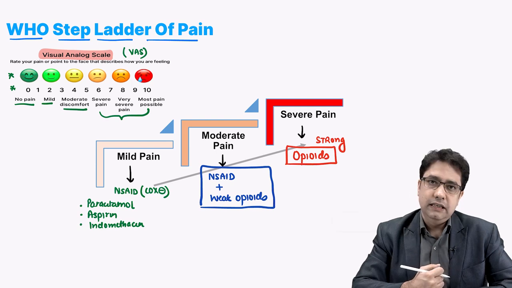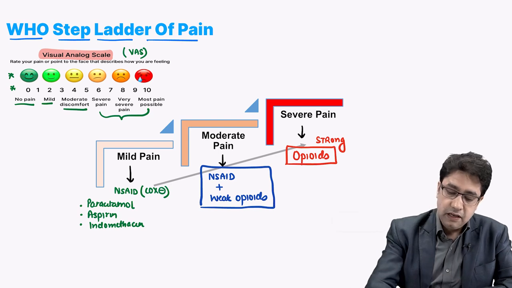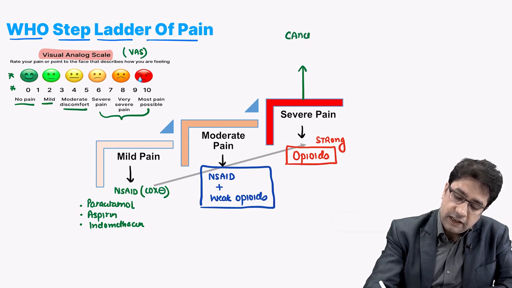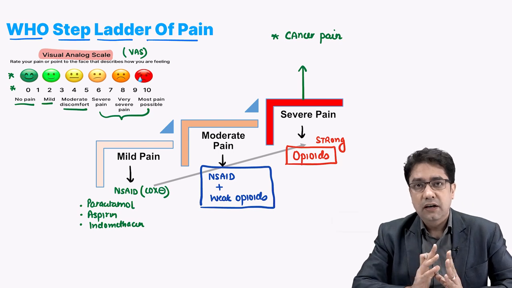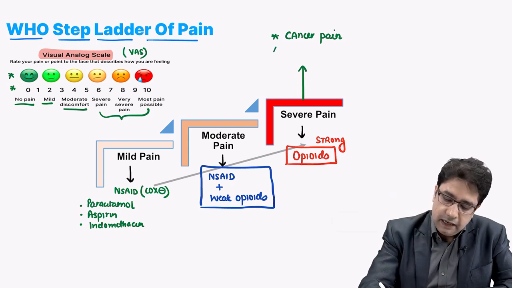So one question arises, sir, what are the causes of very severe pain? So let's write the causes of very severe pain, like cancer pain. If cancer invades into sensory nerves, it leads to very severe pain. So the drug of choice for cancer pain is opioids. Similarly, crush injury.